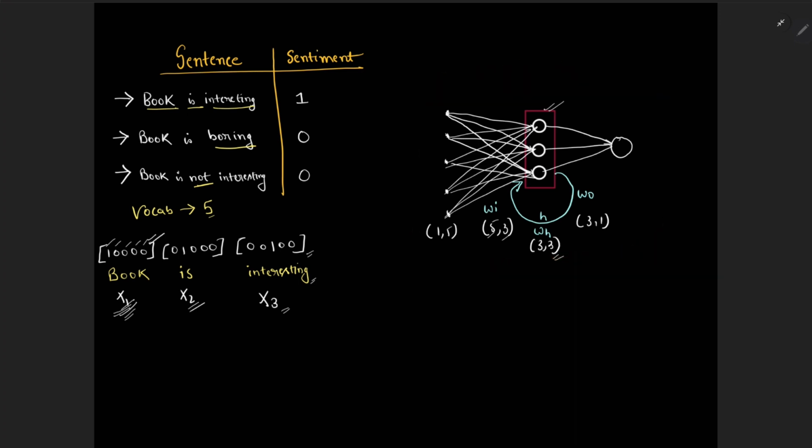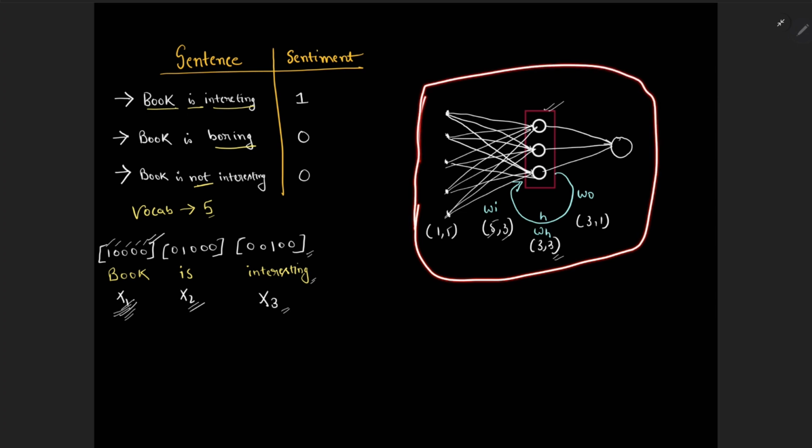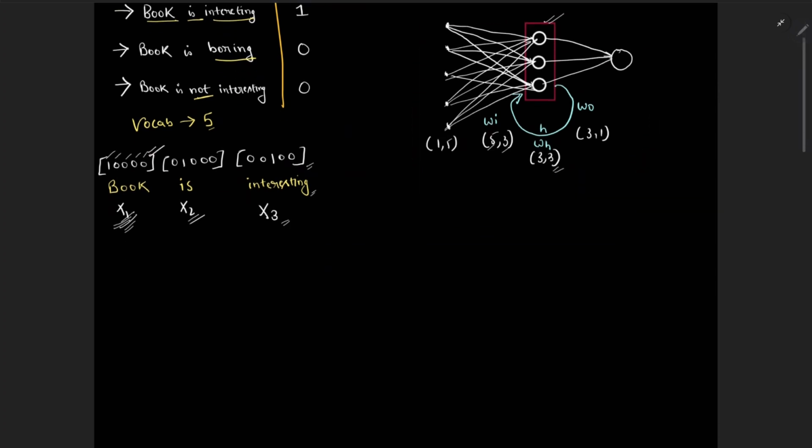Now let's understand the forward propagation by feeding the same neural network with different inputs at different timestamps. Let's simplify this architecture at different timestamps and see how it will look.